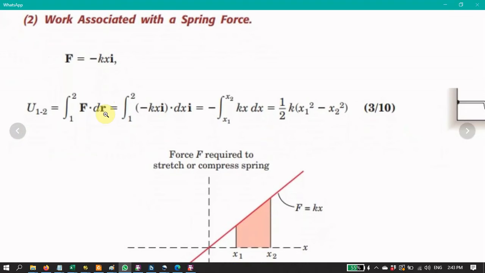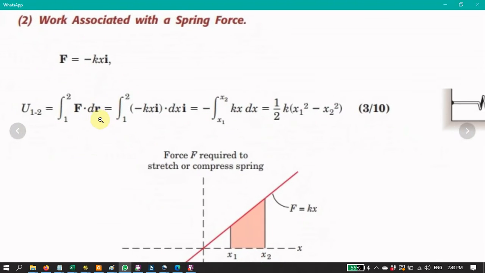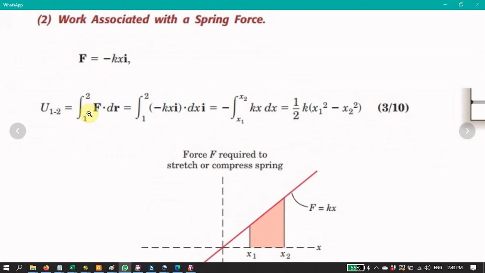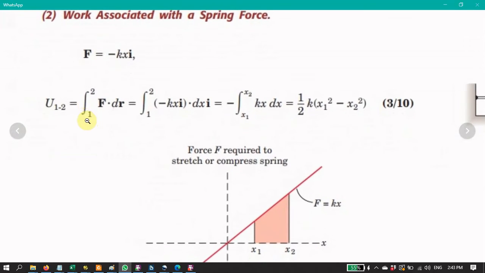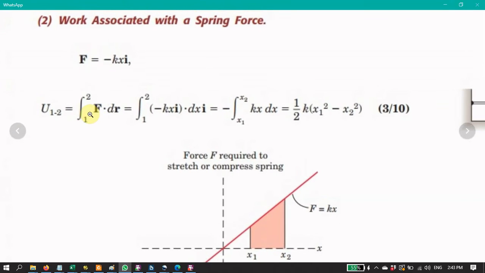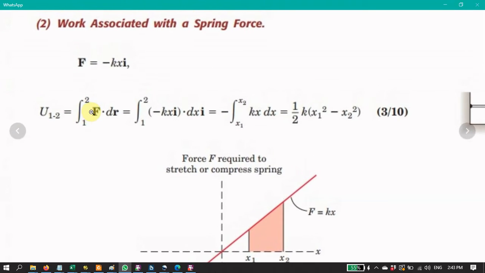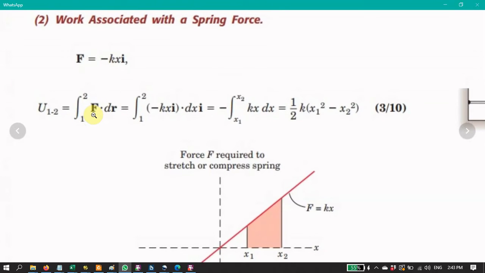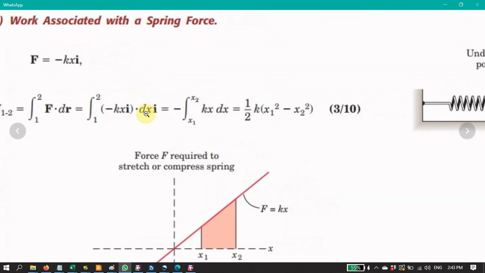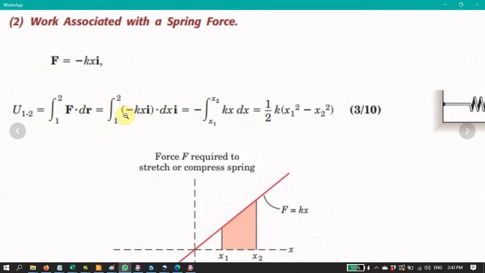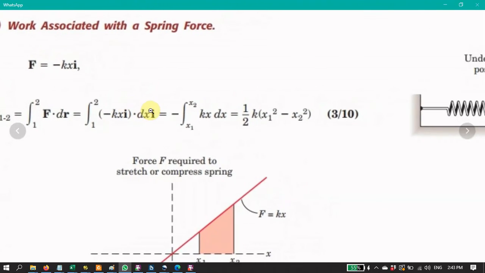And the lower limit is the initial values of x. Let's say we have a one directional motion, and then we can obtain that the work associated with the spring force is minus the work done by the spring force, right?